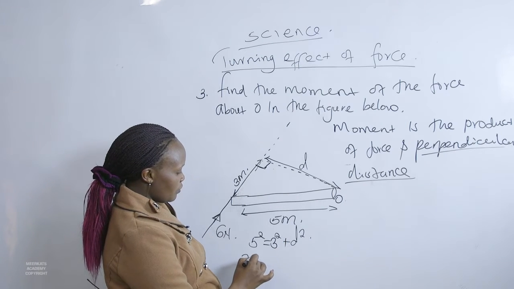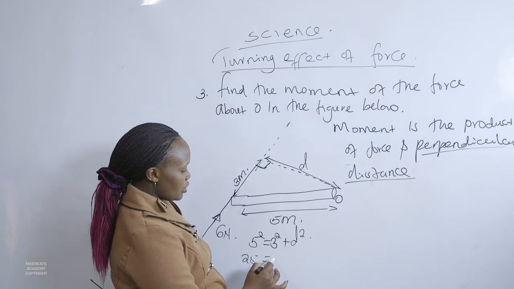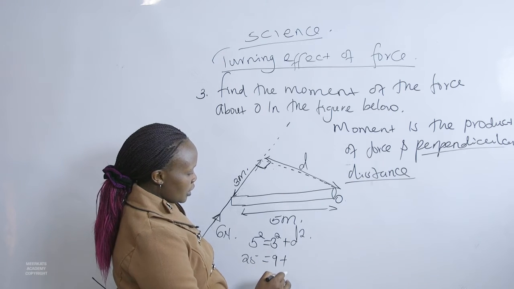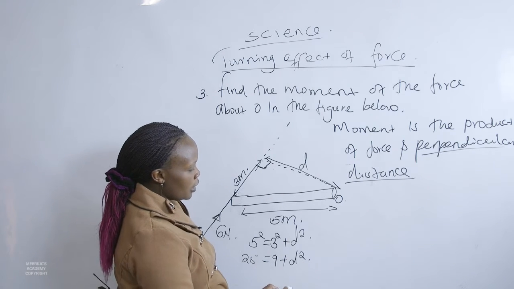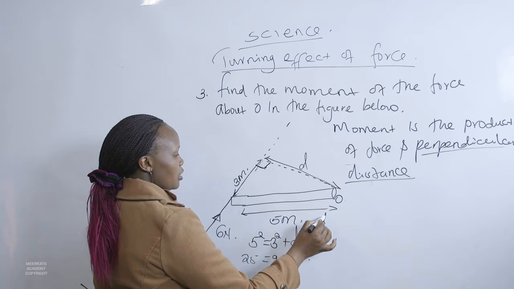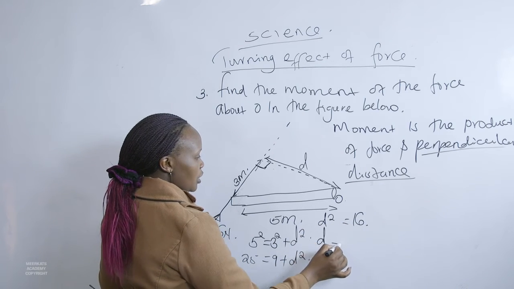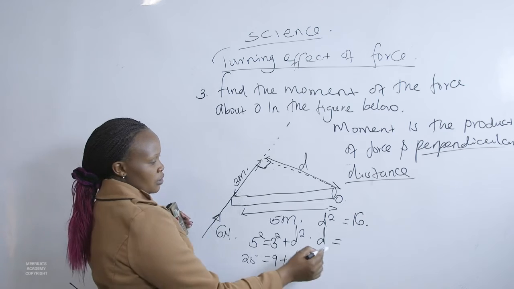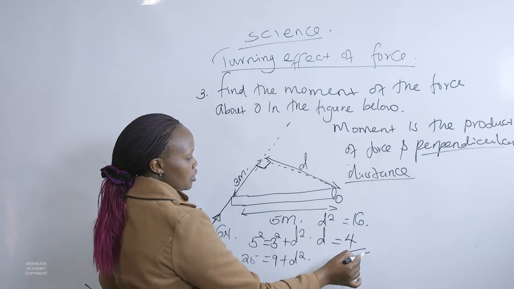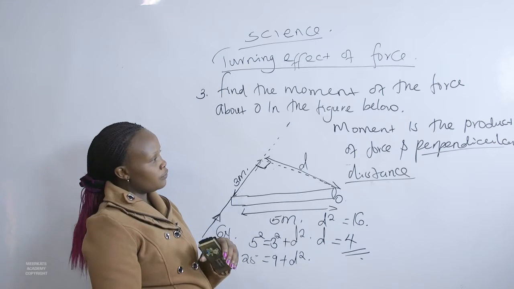Therefore, 25 should be equal to the sum of 9 and d squared, giving our d squared as 16, and therefore d is the positive square root, which is actually 4.